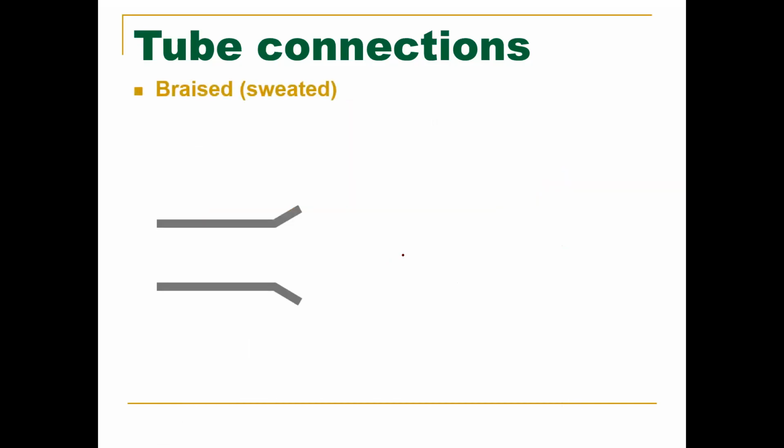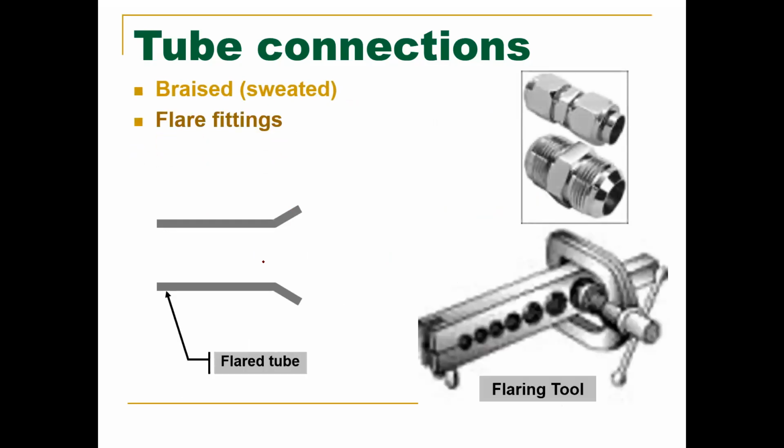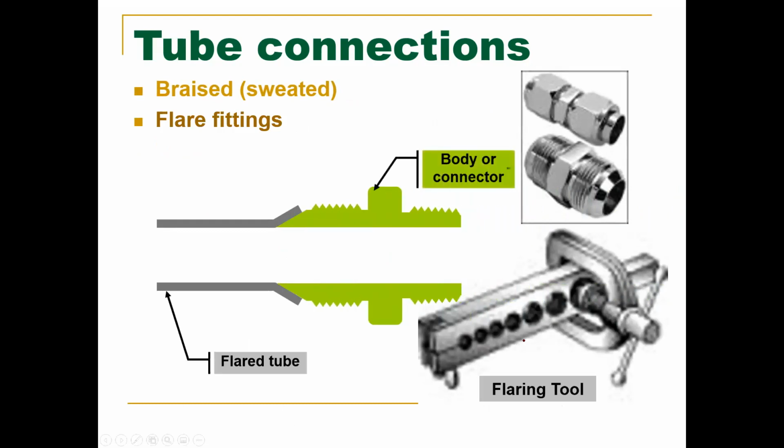Now, another version, flare fittings. All right. You need a flaring tool to do this. Tubes won't come flared. They come in straight pipe. And what you have is basically a tool that's a piece of metal with a V formed into it.